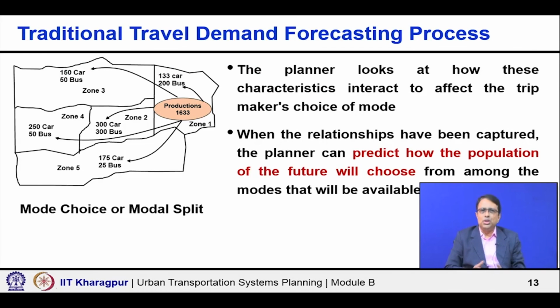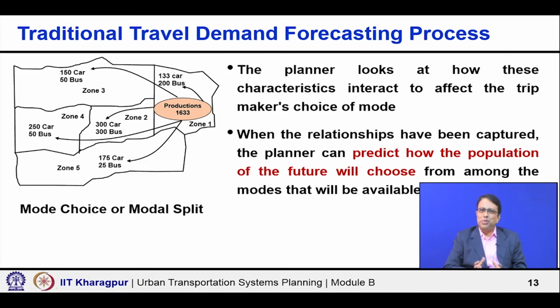So, when the mode choice decision has been done, then we know not only how many are going to a particular zone, but we also know, for example, that 200 people are going to zone 3, and after mode choice analysis, out of 200, 150 will go by car and 50 will go by bus, such kind of information.